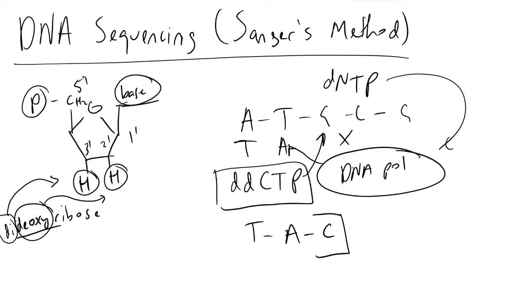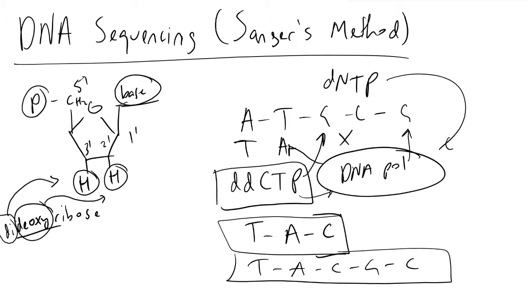But what we get out is a bunch of fragments such as this. We'd have the TAC if DNA polymerase added in the ddCTP at this G. We would also have a TACGC due to DNA polymerase adding on the ddCTP at this G in our sequence. And so we would have many fragments present in our solution.